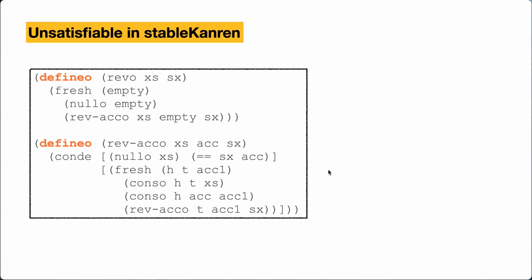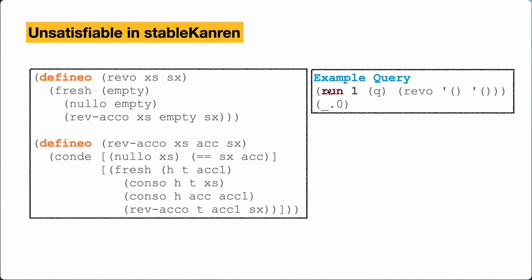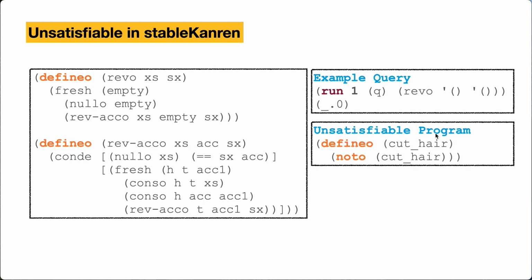Let's go back to the reverse row examples. Right now, we have already fixed it: the new run interface in maroon can produce the answers for the reverse row. However, if in the same environment you also have the unsatisfied program we saw before, the cut hair here, currently the run doesn't know that these two are not related to each other.